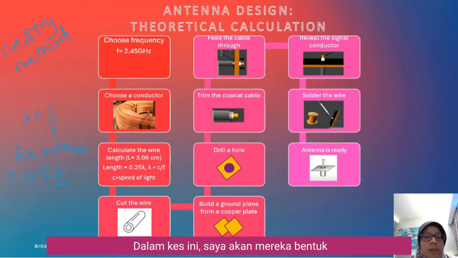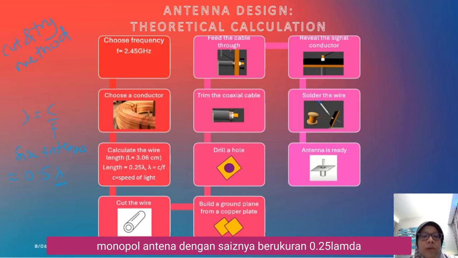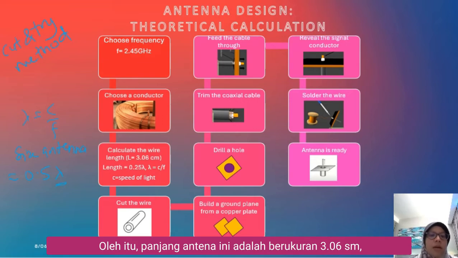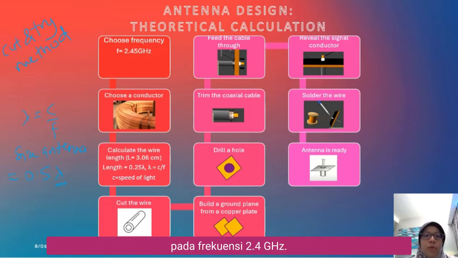In this case, I try to design a monopole antenna with a length of 0.25 lambda, or quarter wavelength. So the length of the wire is around 3.06 centimeters at a frequency of 2.45 gigahertz.